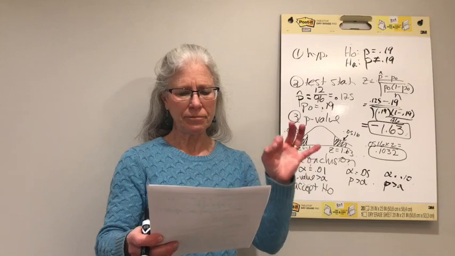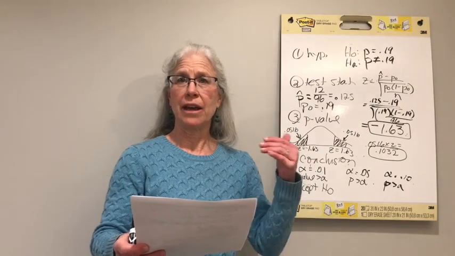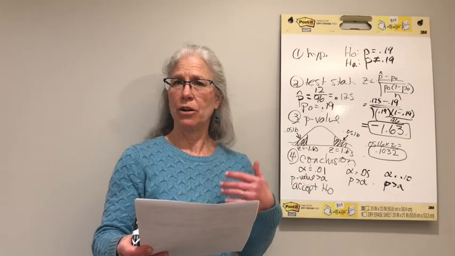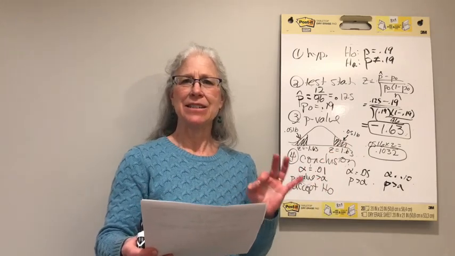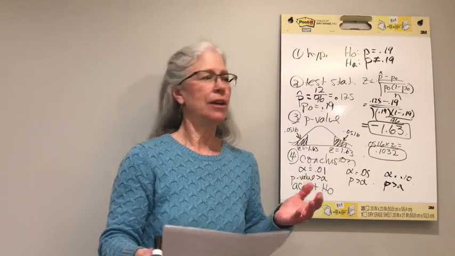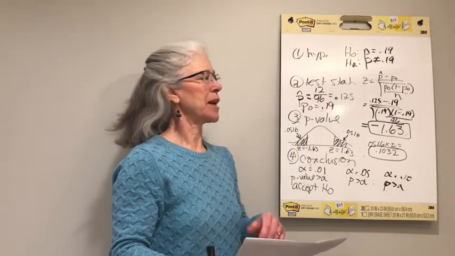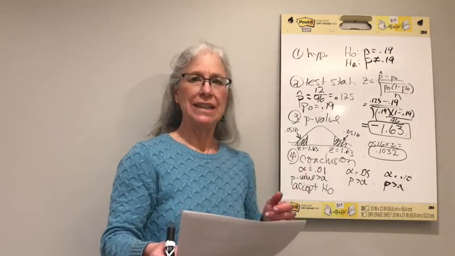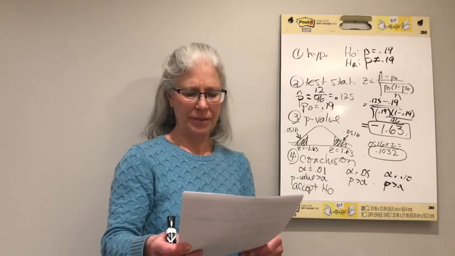Okay? So no matter what our alpha is in this case, we're going to have a p-value that's greater than it. It is not statistically significant because we are accepting the null hypothesis. So in all these cases, we would believe that the percent of Hispanics among people called for jury duty is 19%. At least we don't have enough evidence to say it's not.